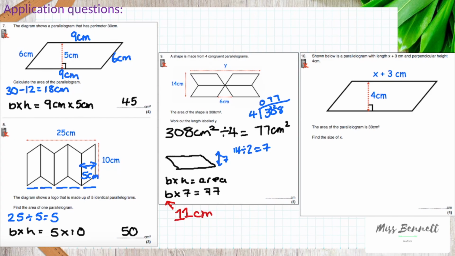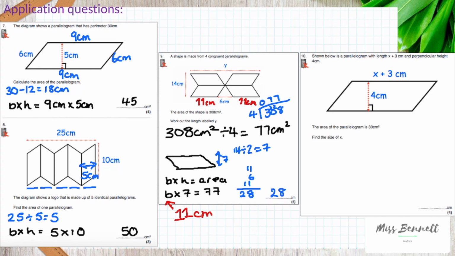I'm just going to draw that on here. If that base is 11 centimetres, then this base over here is also 11 centimetres. Now it's asking us to work out the value of y, which is the distance from here to here. That's the same as the distance from here to here. So all I need to do is 11 plus 6 plus 11. So that's 8 and 2, so the whole distance is 28 centimetres.